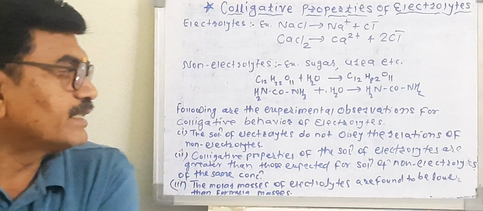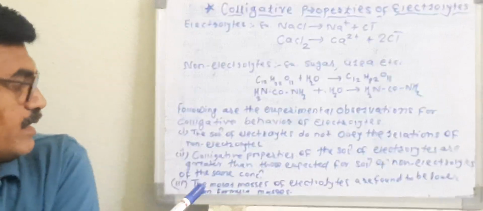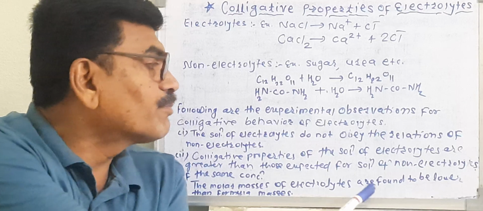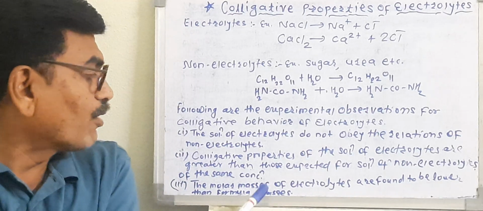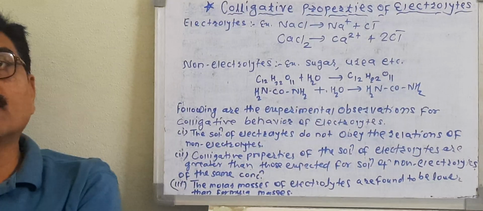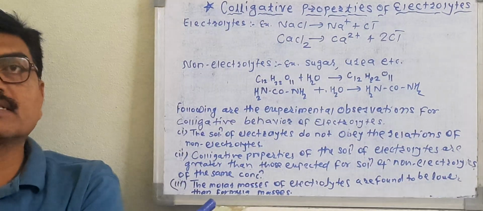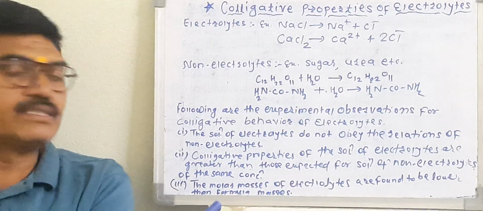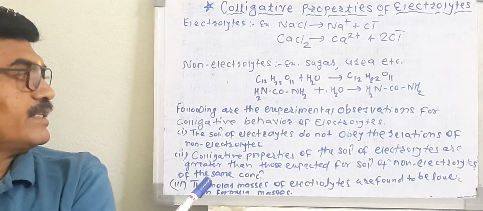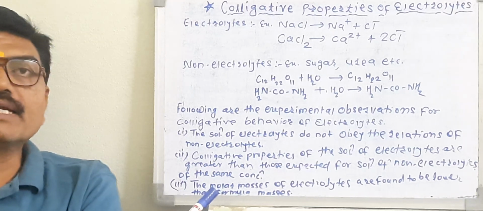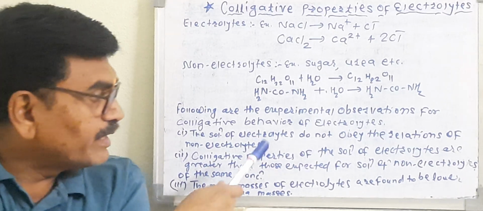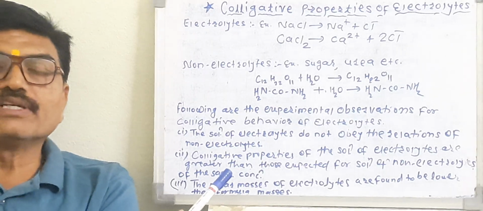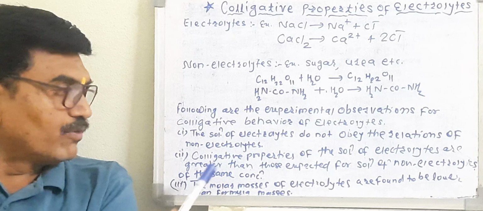Now see one more aspect: the molecular masses of electrolytes are found to be lower than the formula masses. So these are the three different behaviors of electrolytic solutions observed compared to the colligative properties of solutions of non-electrolytes.